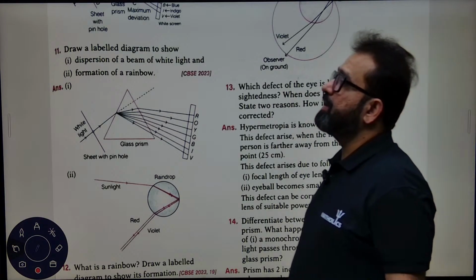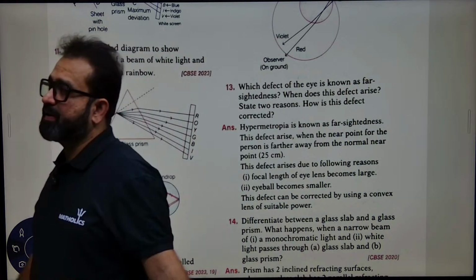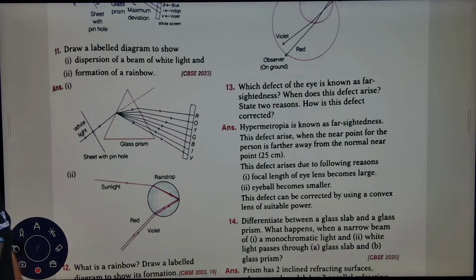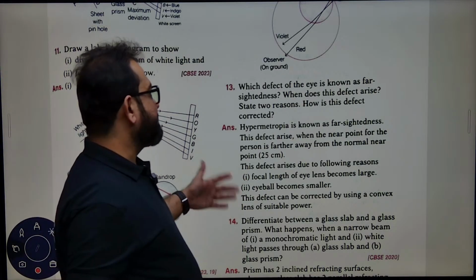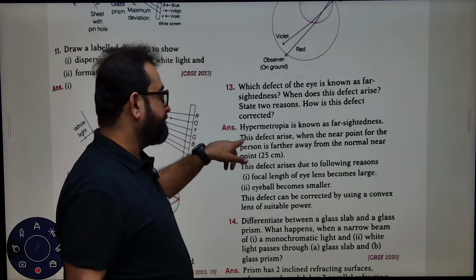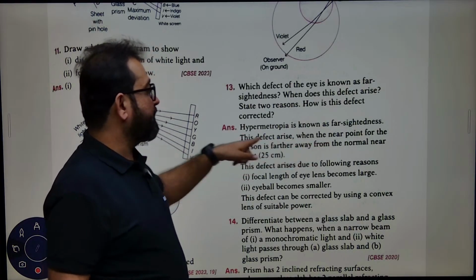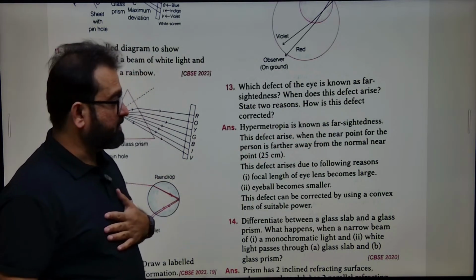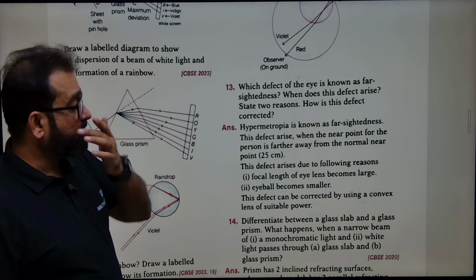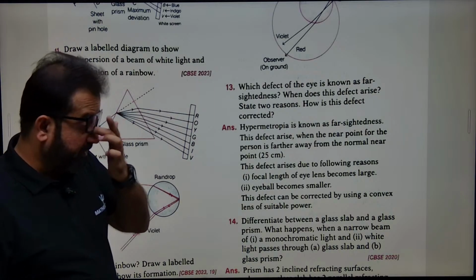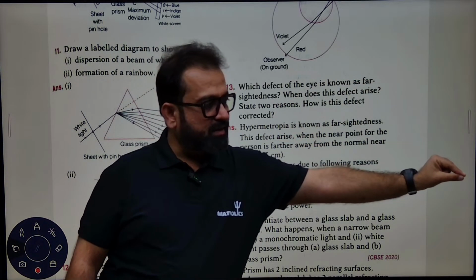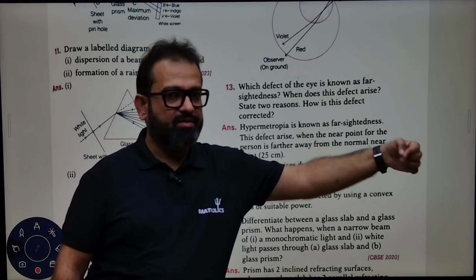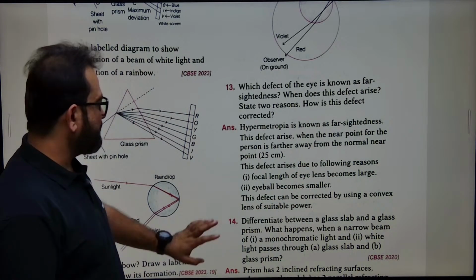Far point and near point. Okay. So actually you must learn these terms. What is near point? This defect arises when the near point for the person is farther away from the normal near point that is 25 centimeter. If the point is beyond that, I cannot see it properly. Okay, that's all.